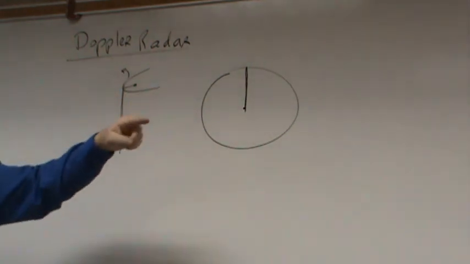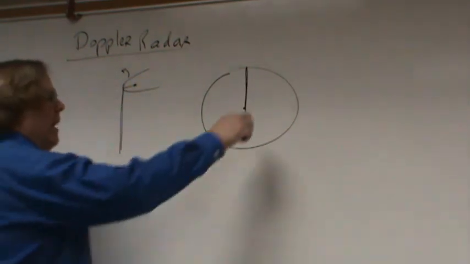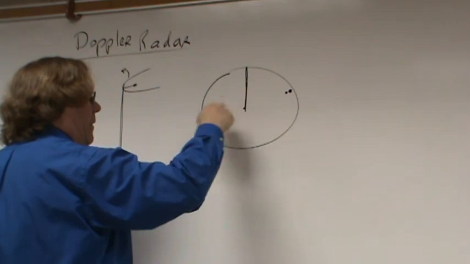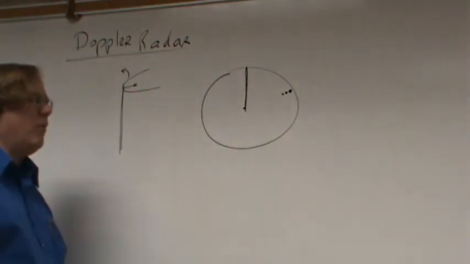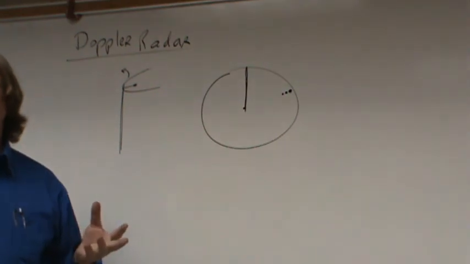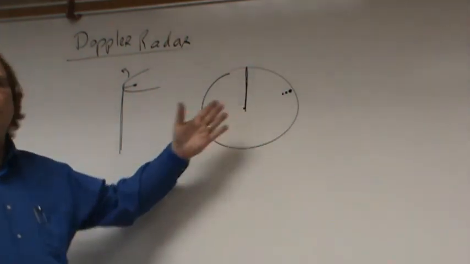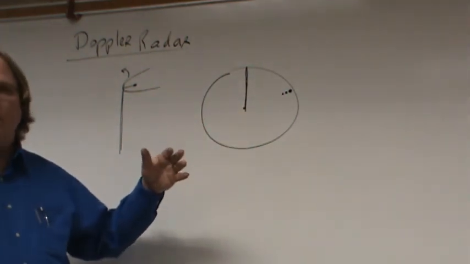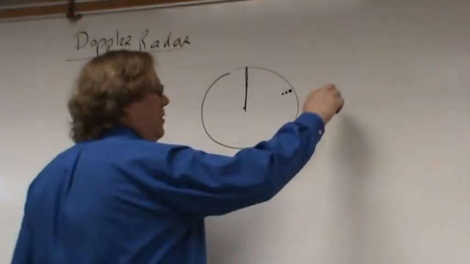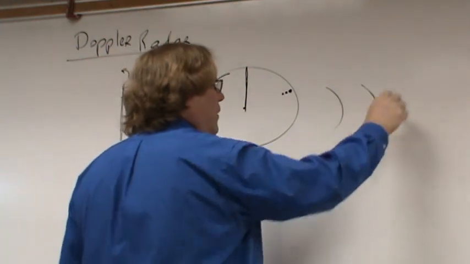And if he detected a plane over there somewhere, then you'd see the plane, boop. And the next time it went around, boop. And the next time it went around, boop. And you could tell where the plane was headed and how fast it was going, but you'd have to make a bunch of measurements, okay? That's original radar.